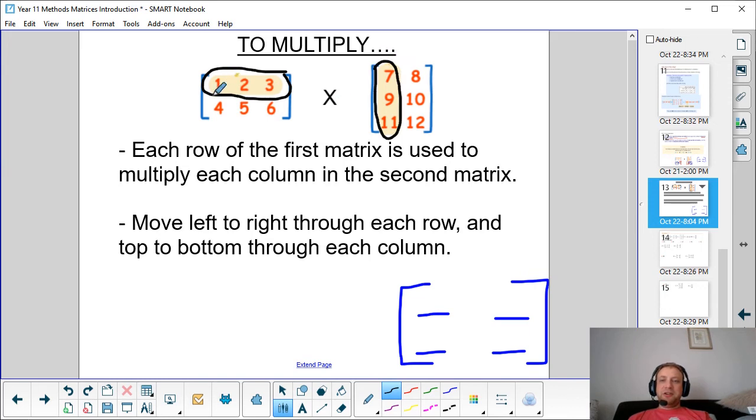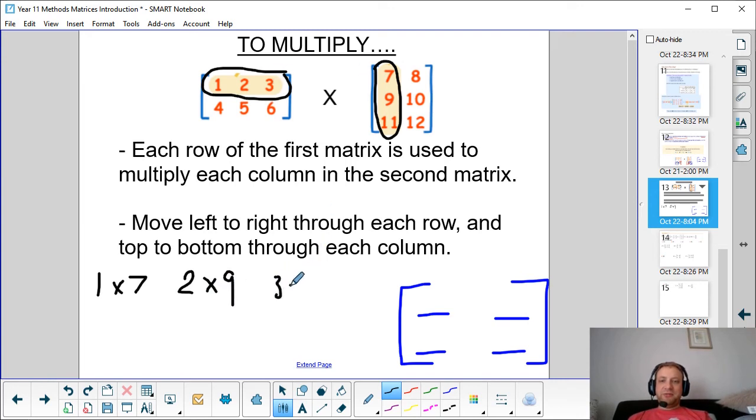And what we do is we work with the first number in each of those things. So we have to multiply the 1 by the 7. Okay, and we've got to keep working our way across through the row and down through the column until we've used up all the numbers in it. So the next thing we're going to do is move across here to the 2 and down to the 9. We're going to go 2 times 9, and we're going to be going 3 times 11.